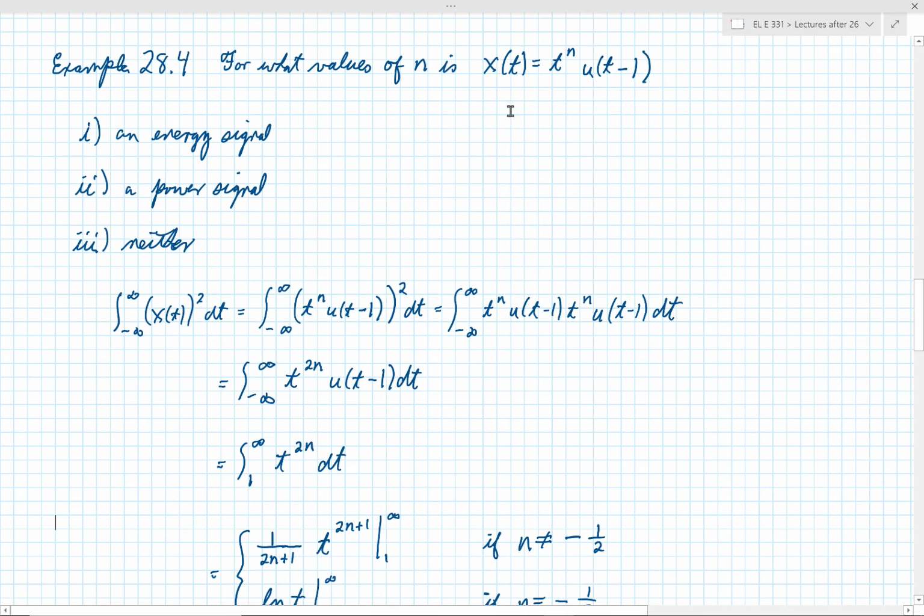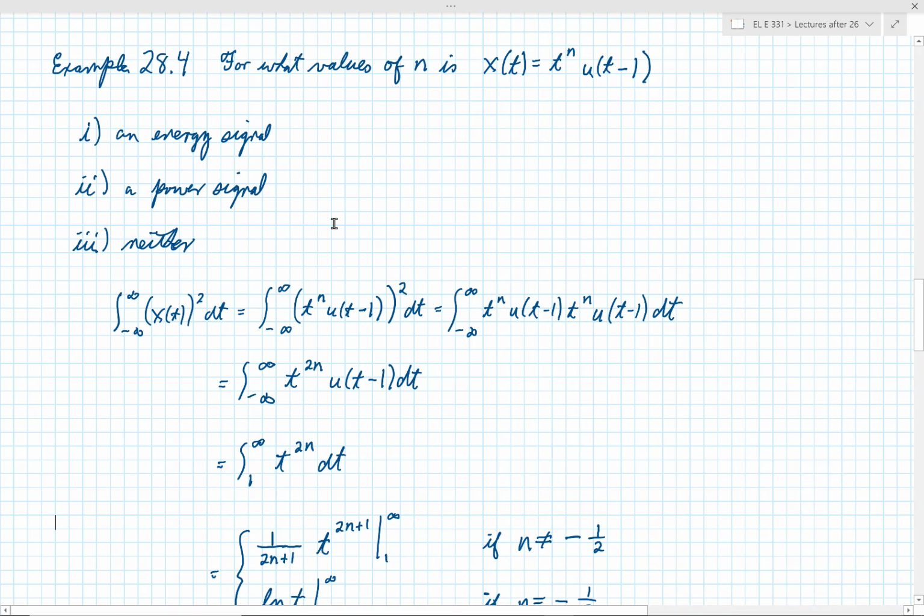It says we have a function x of t which is equal to t to the n u of t minus 1. And we want to know for what values of n is this an energy signal, for what values of n is it a power signal, and for what values of n is it neither.